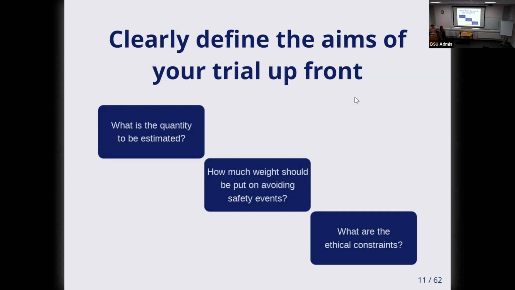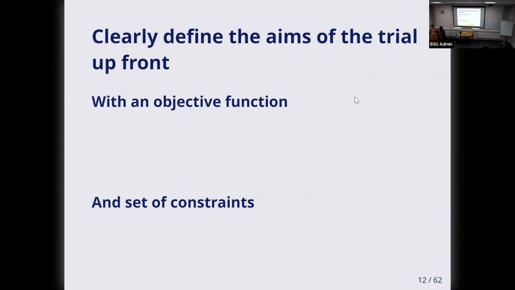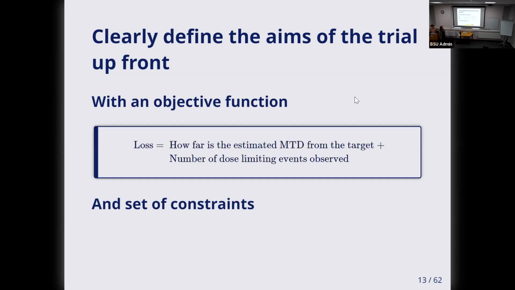So we'll make sure that we've experimented at it and got some data there if we can recommend it. So once we've thought about our aims, we need to define them clearly with an objective function and possibly a set of constraints. So whilst I'm thinking about just a safety endpoint, I've used a loss function. And this is just an example.